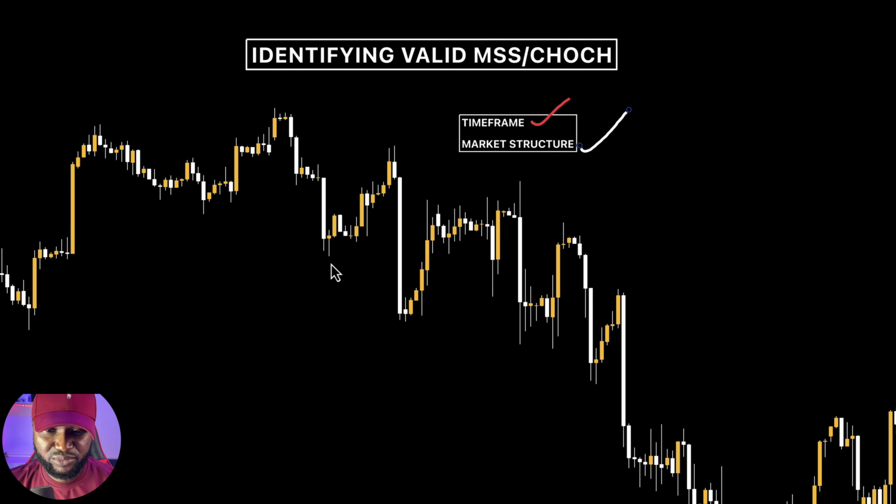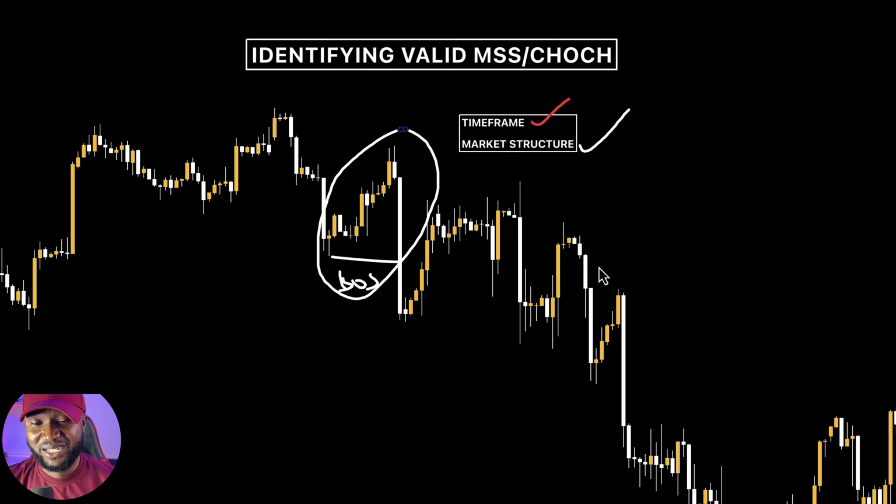So if, for example, I said this is a break of structure to the downside, which is BOS, what I mean is that this is only a BOS in the 4-hour time frame. All right. In the 4-hour time frame. So I will not go down to the lower time frame or go higher to the higher time frame looking for this exact area. No. I will have to mark out or delineate my market structure across every time frame differently. And this is where the confusion of many people comes in.